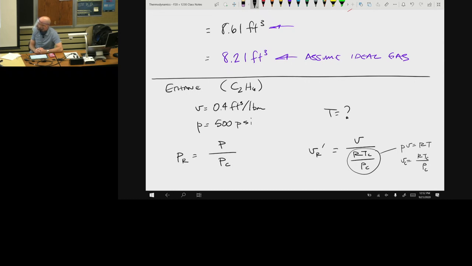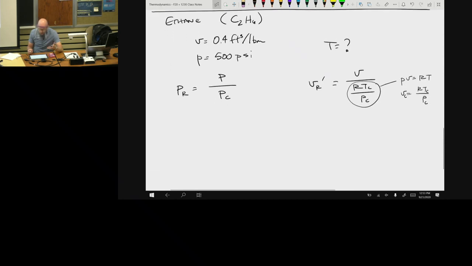Now, a couple years ago, I assigned a problem like this and I didn't go over the material at all. I didn't go over pseudo-reduced specific volume in class, and a whole bunch of homework assignments showed up with pseudo-reduced specific volume. And so I asked students, what is that? What is V sub R prime? What is that? And they didn't know what it was, because they copied off of a third-party source, and they had no idea what they put down. They had no idea how to use it.